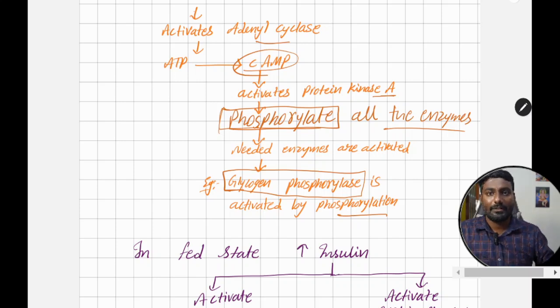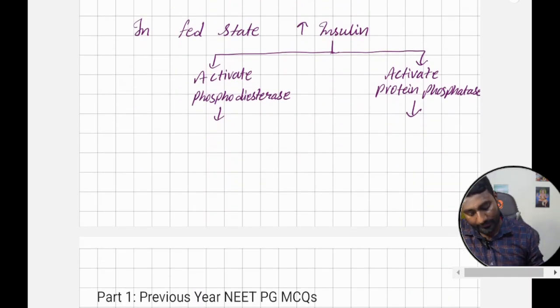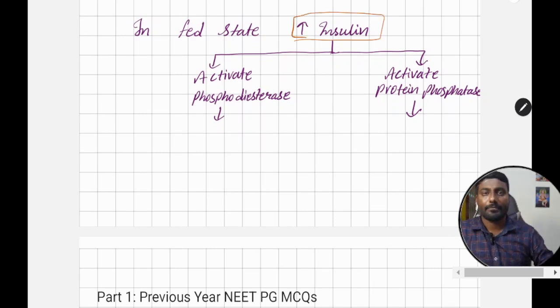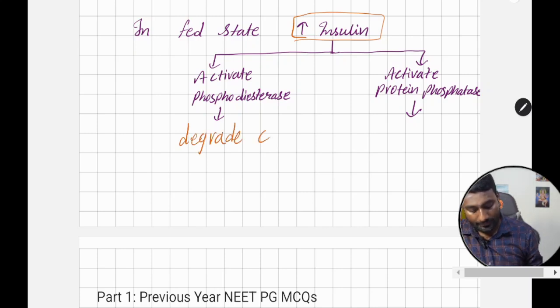Okay, now if it is of the fed state, what is the hormone of the fed state? Yes, it is your insulin. Now, how will insulin work? So insulin will activate phosphodiesterase, which is going to degrade your cyclic AMP.